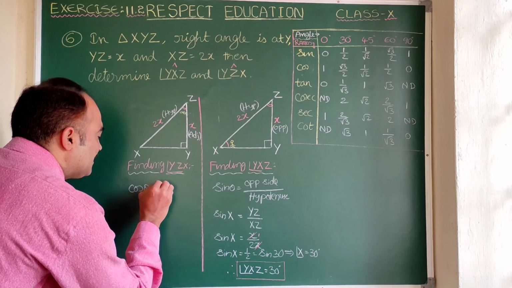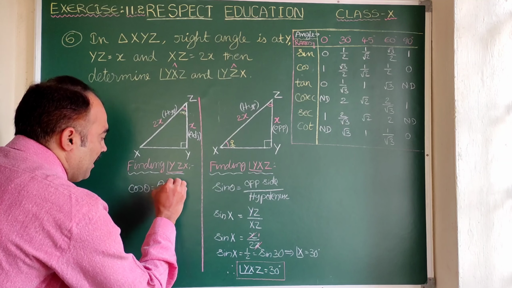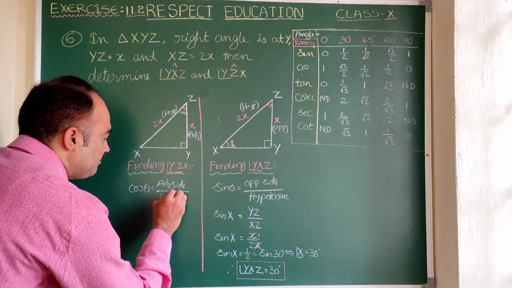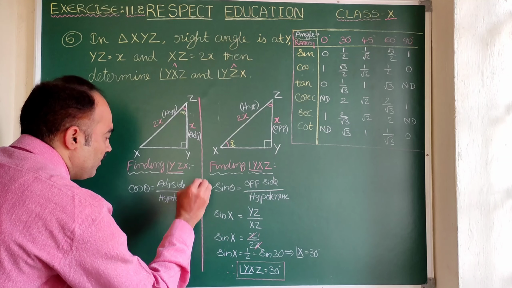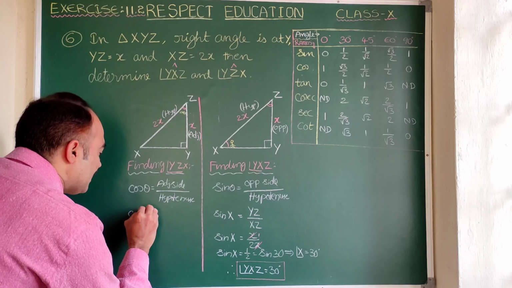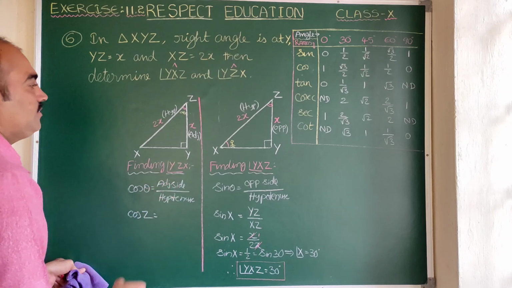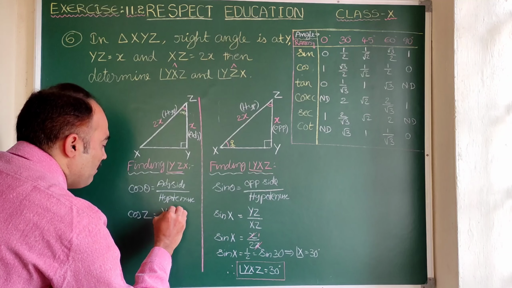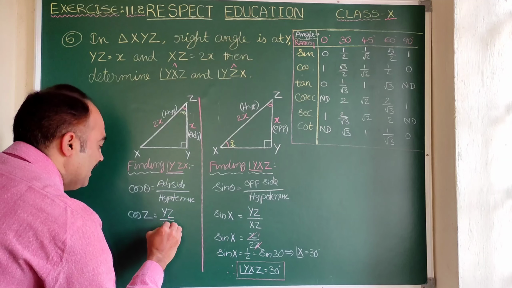The cos theta formula is adjacent side to theta by hypotenuse. Now cos, here theta is at Z. So we can write cos Z is equal to the adjacent side YZ by hypotenuse XZ.